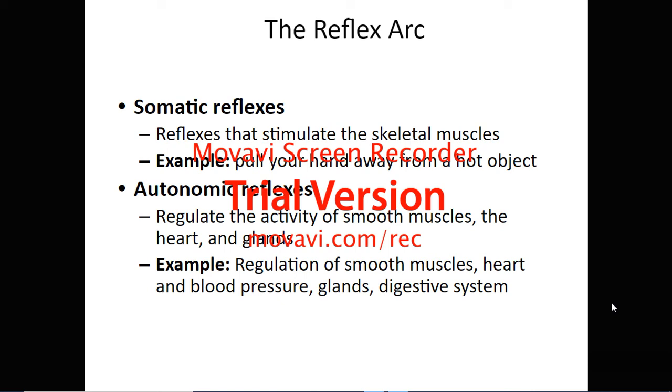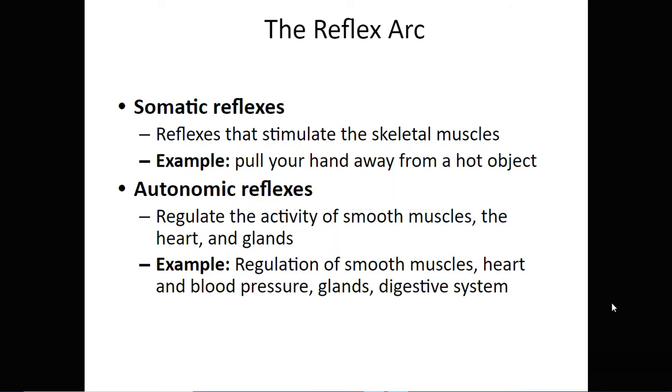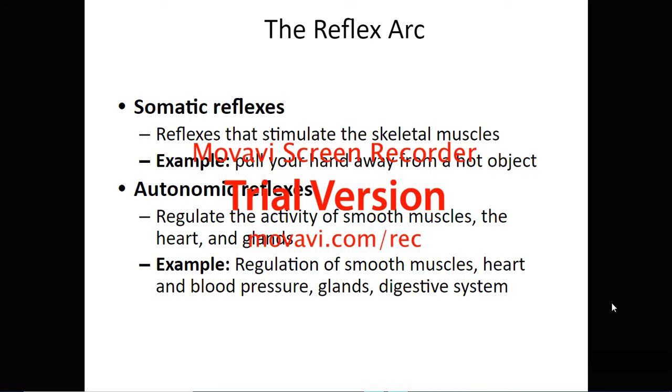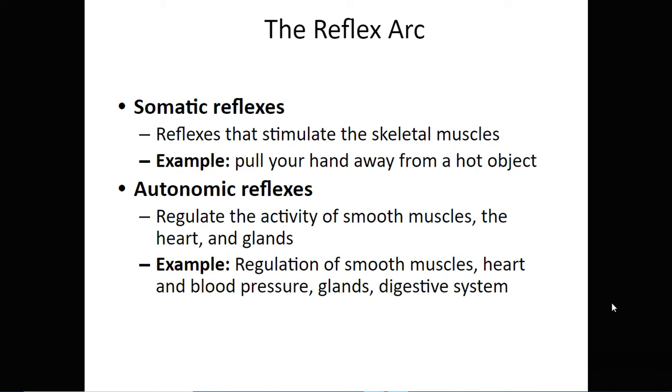They regulate smooth muscle, the heart and blood pressure, glands and the digestive system. So remember, autonomic smooth muscle you really don't regulate. All reflexes are involuntary, but with smooth muscles you don't regulate at any point. With skeletal muscles, there is voluntary control when you want to move your arm, but the reflexes are involuntary because they're a reflex, but still.